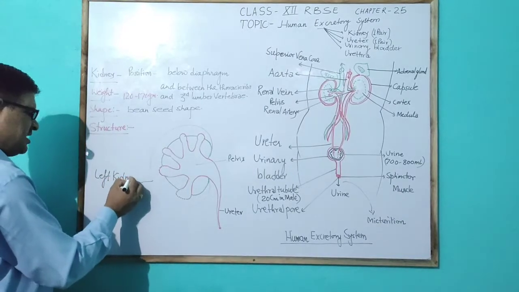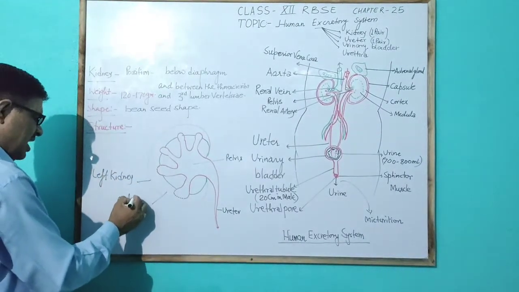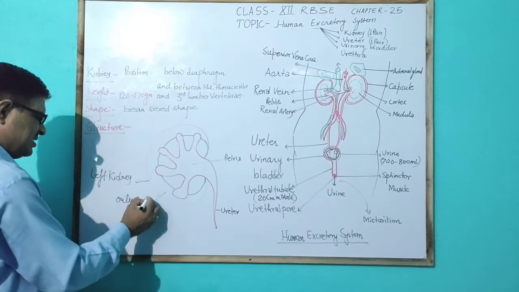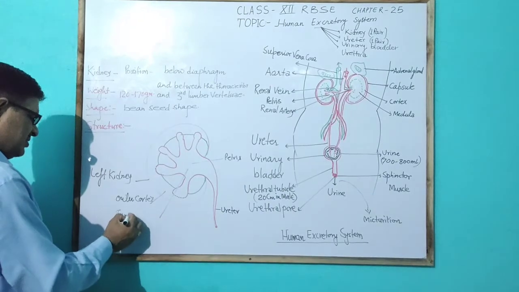So the kidney is divided into two parts, outer cortex and inner medulla.